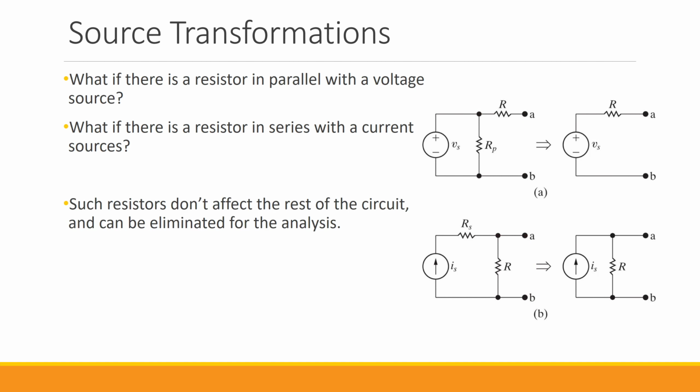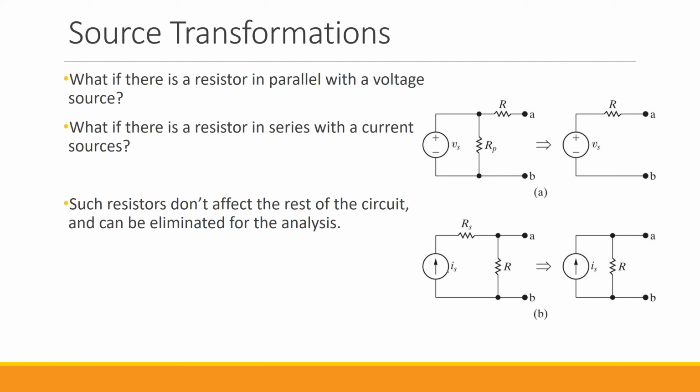So such resistors don't affect the rest of the circuit and can be eliminated for the analysis. So it's like having fewer components in your circuit to simplify the equation. But when it comes to coming up with the final answer, you definitely need to introduce them. So if you want to know the exact current that goes through this Vs, you need to have RP.